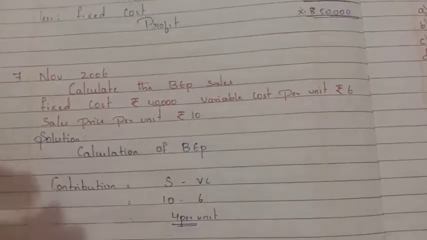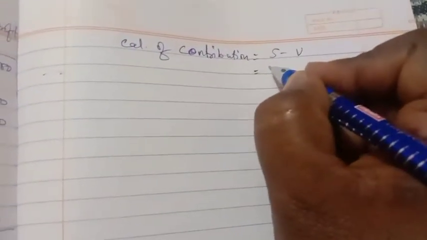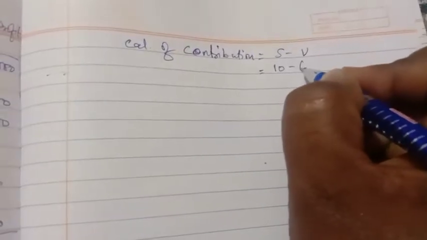Now we'll prepare the problem. Calculation of contribution: sales minus variable cost. Sales is 10, variable is 6. So contribution is 4.